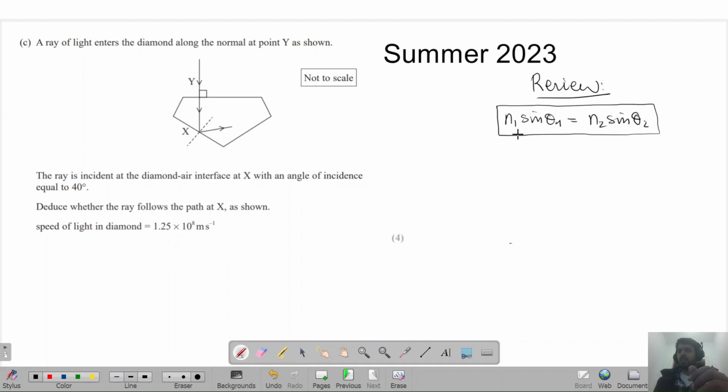Okay, first of all, I want to be very clear about which medium we will call 1 and which medium we will call 2. For example, n1 and n2, right?